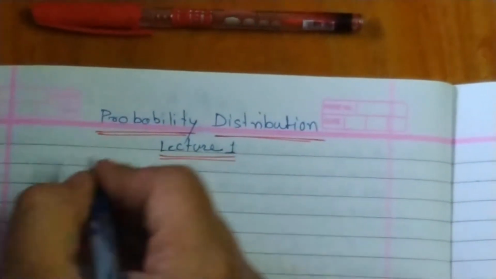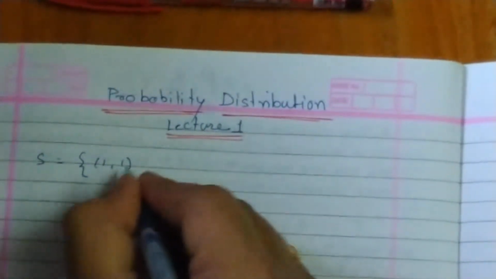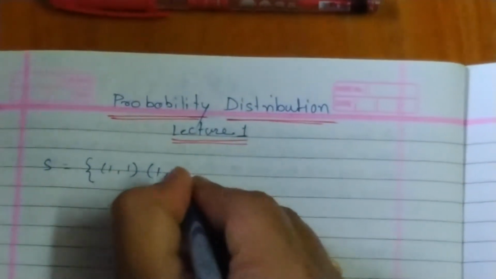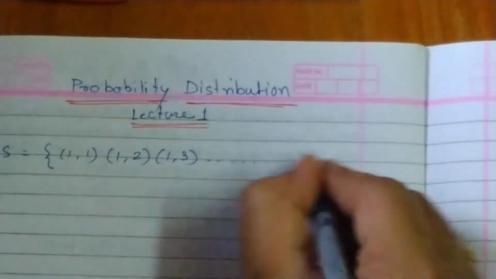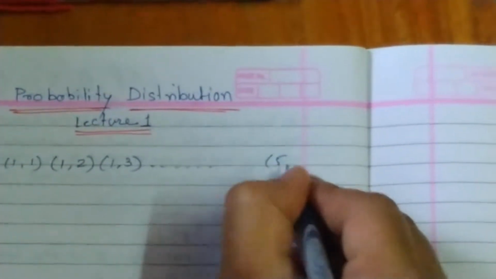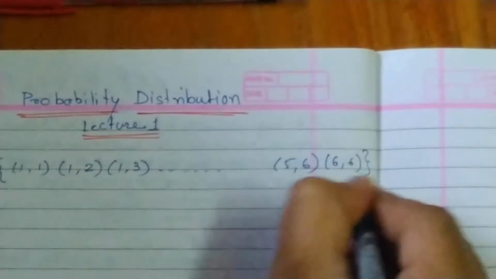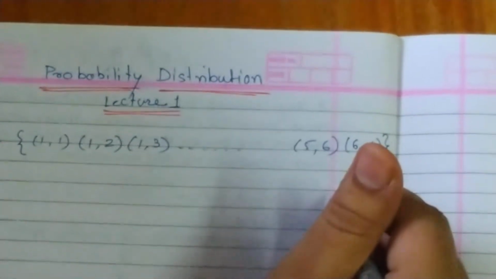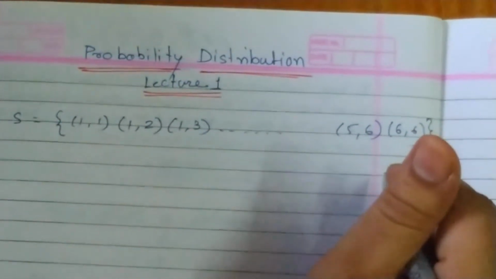In this example, my sample space S would be (1,1), that means my first die is showing 1, second is showing 1; first is 1, second is 2; first is 1, second is 3, and so on, up to first die showing 5, second showing 6, or both showing 6. In our sample space, each element is assigned a number, that is the sum of numbers obtained.